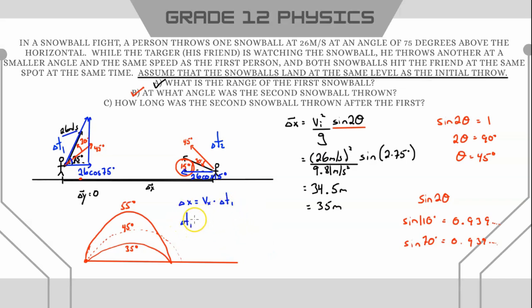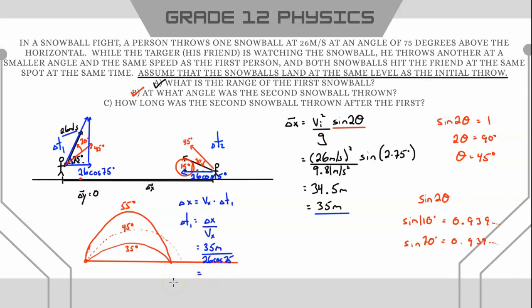So delta T1 is delta x divided by Vx. Our range, delta x, we determined over here is 35 meters. Then we're going to divide that by our x component for our first person, which is 26 cos 75.